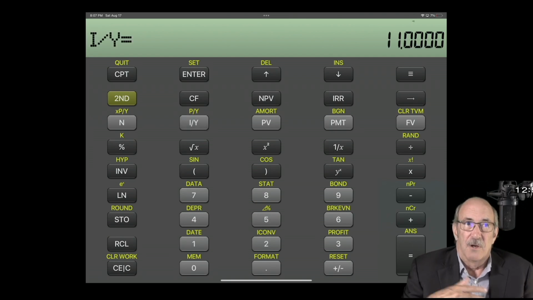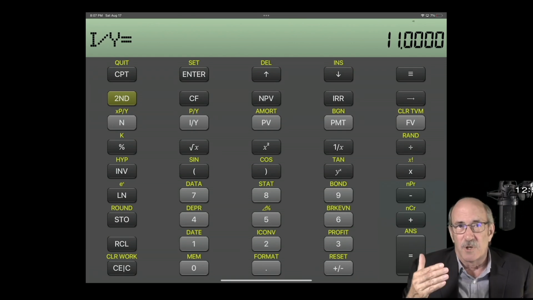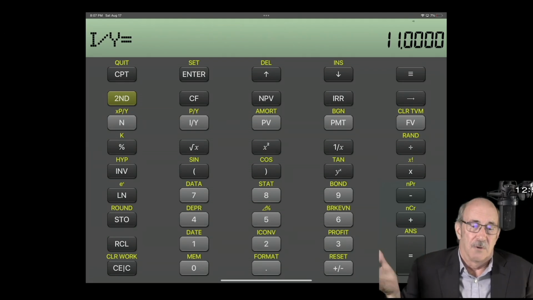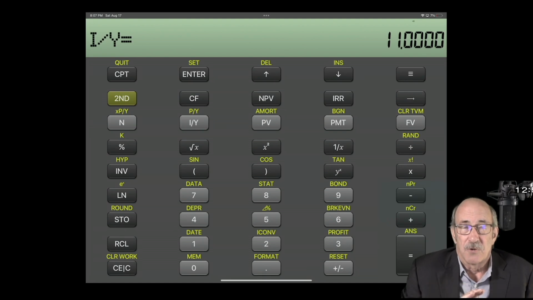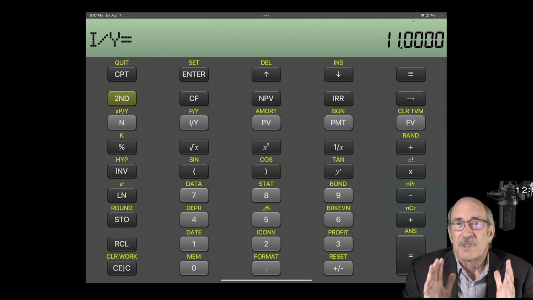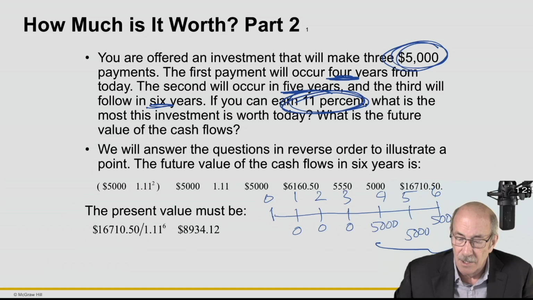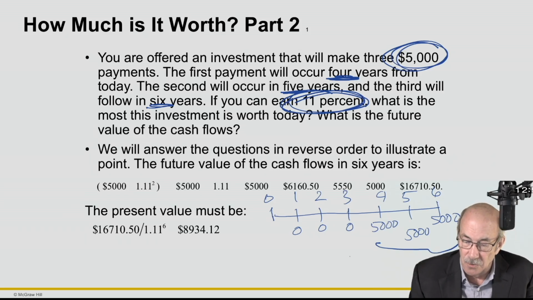Now, if this were an annuity that was $5,000 1 year from now, another 5 2 years, another 5 3 years, all we would have to do is to put in an N of 3, compute, and we're done. Here we can do that, but that's going to give us the value, not today, but the value right here at the end of year 3.